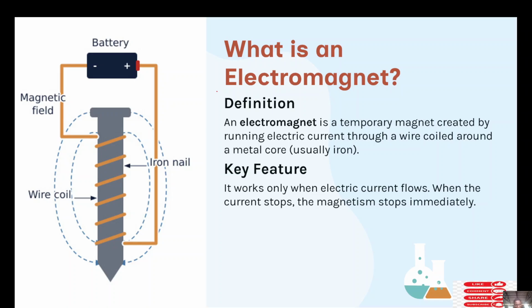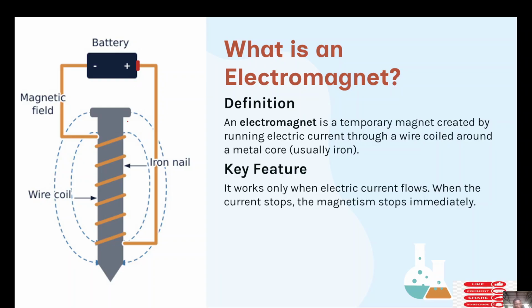And one thing you should understand is that it doesn't work when there is a stop in the flow of electric current. This only works when electric current flows continuously. And the moment it stops, the magnetism stops immediately. So this is the setup.